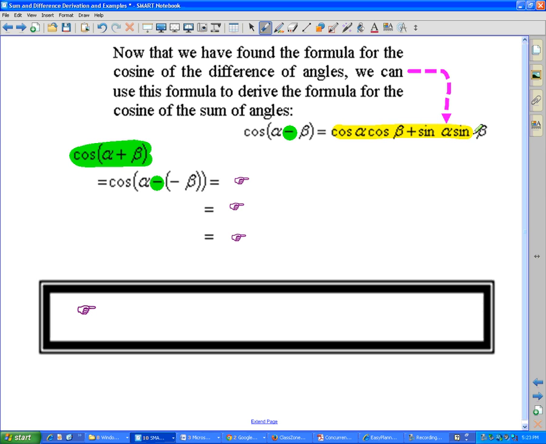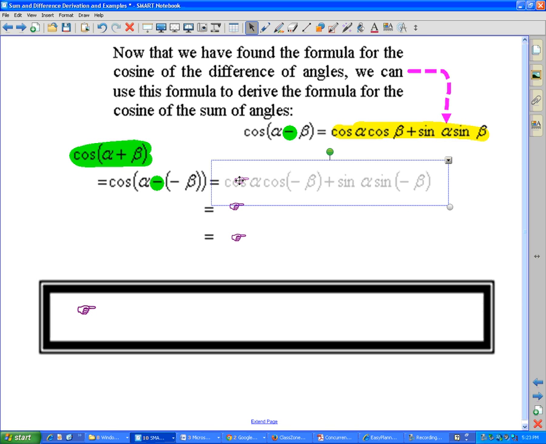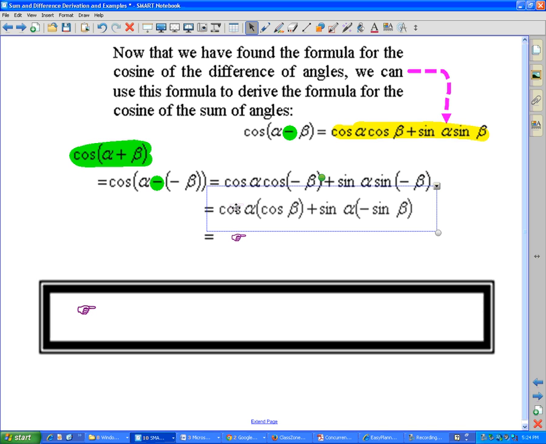I can just apply this formula exactly. And so we're going to go ahead and do that. It's going to be cosine alpha, cosine negative beta, plus sine alpha, sine negative beta. And before you start freaking out about those negative angles, remember those even odd identities. We learned to deal with those negative angles. The cosine of negative beta is just a cosine of beta because it's an even symmetric function.